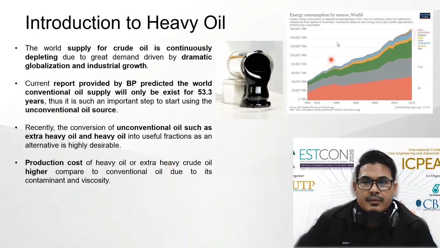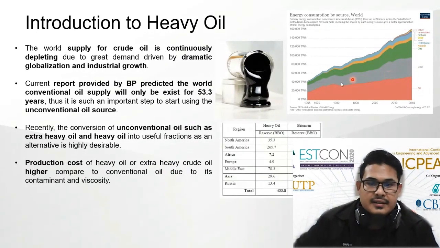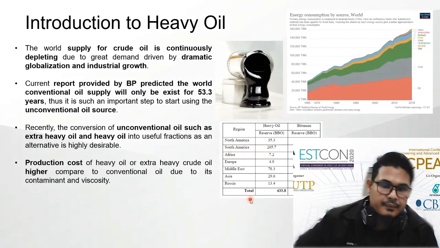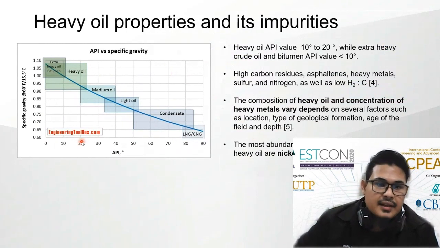As you can see from the world energy demands, oil remains the main contributor of energy in the world. If we look into the heavy oil reserve, we have another 433.8 billion barrels of oil, and most of it is situated in South America. Normally oil is graded by its API index.